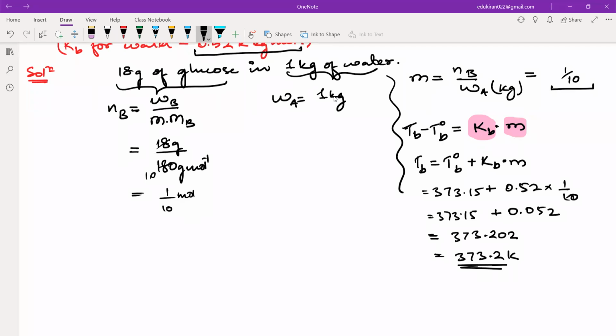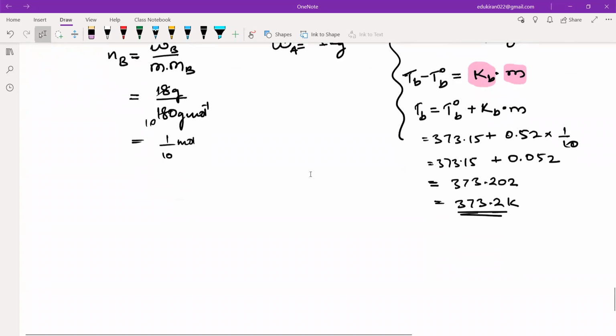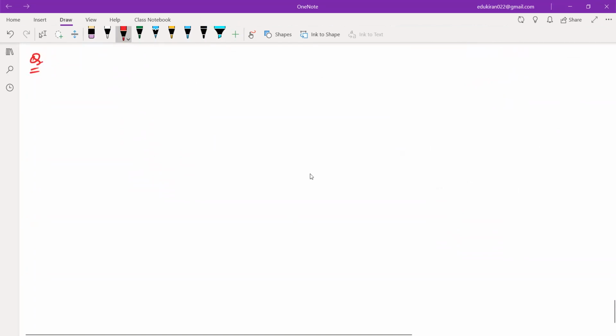This will be the boiling point of water if you add only 10 grams of glucose. Done guys, yes or no, please tell me. Yes, sir. Write the next question. Let us do one more question.